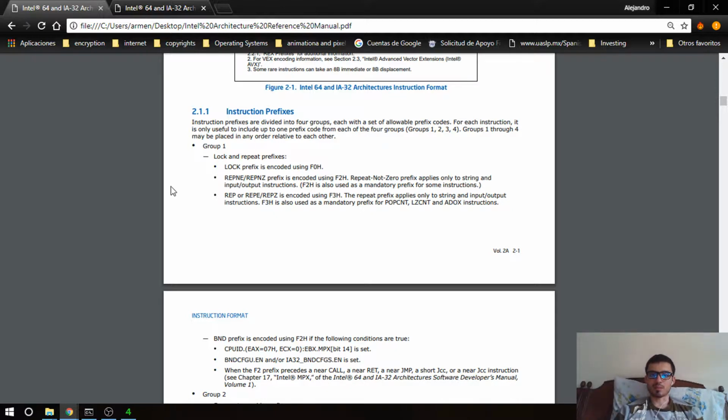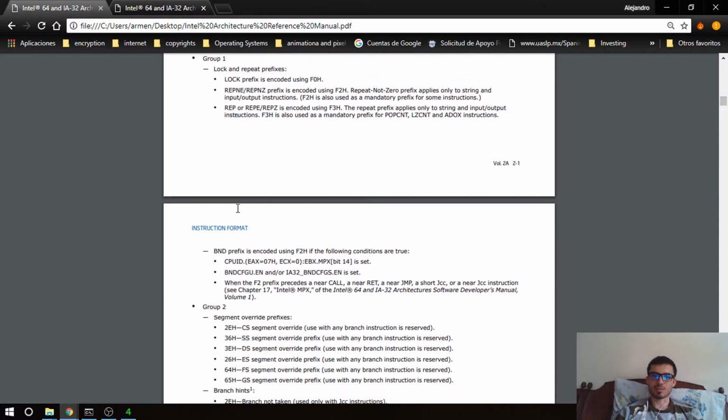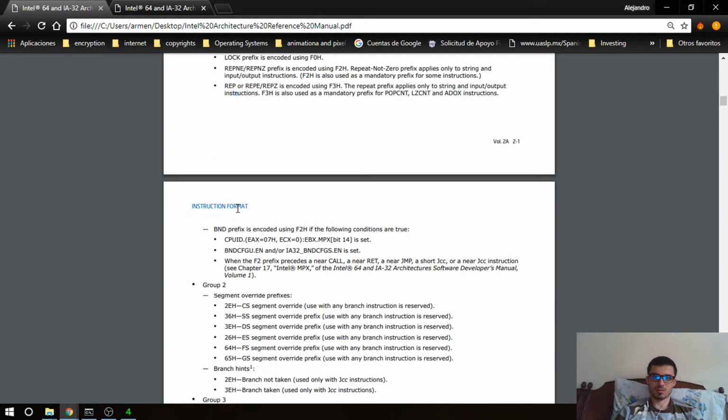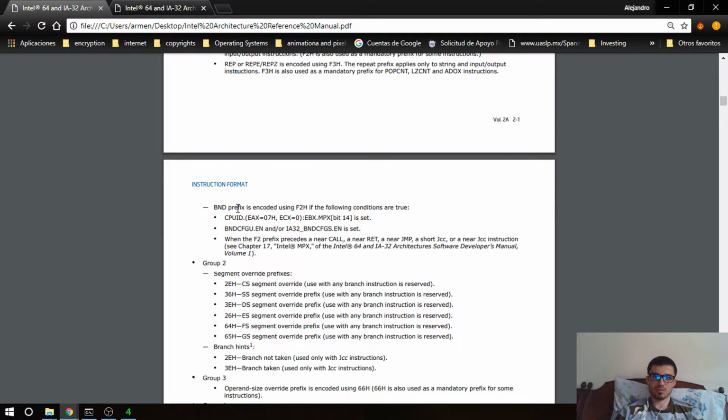I've never seen F3 and then F3 and then the opcode byte. Then how would you choose? One would be the mandatory prefix and one the other prefix, whereas it can be group 1, or this for F2.